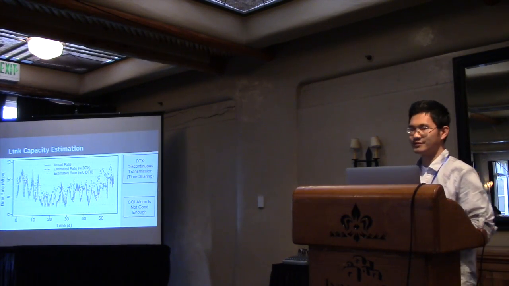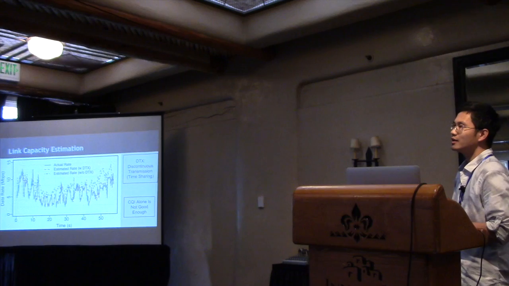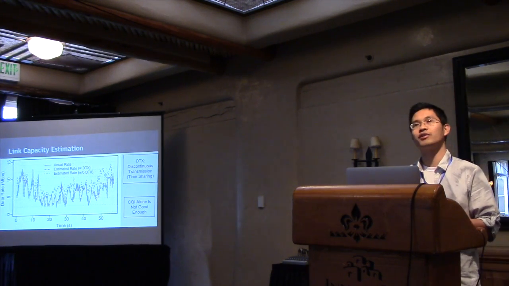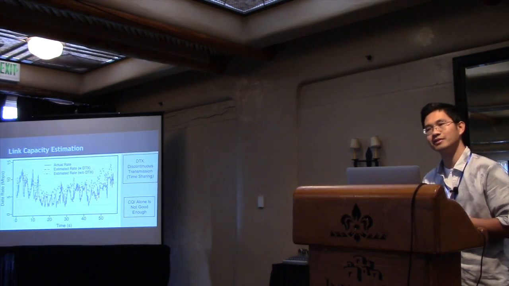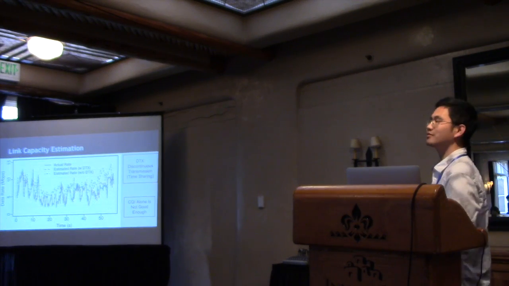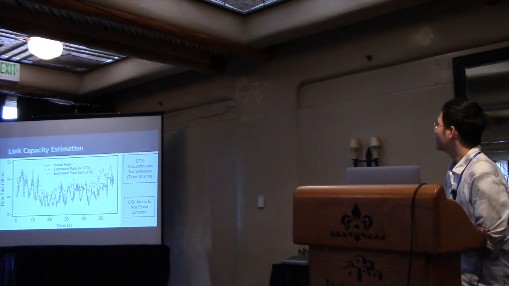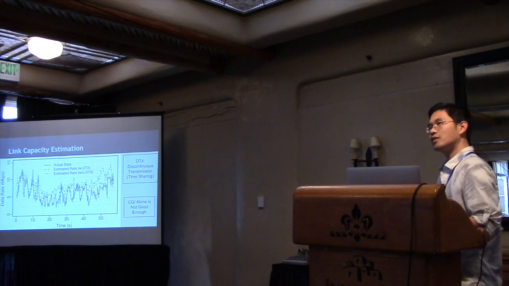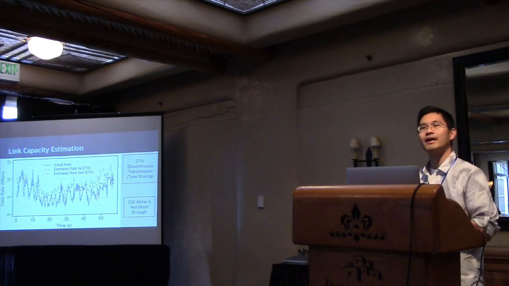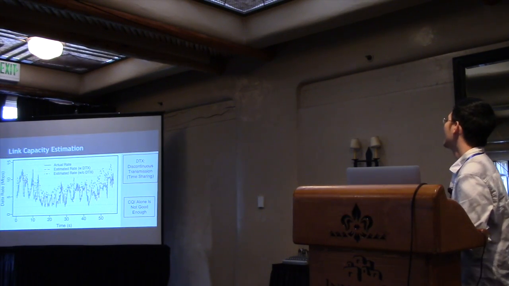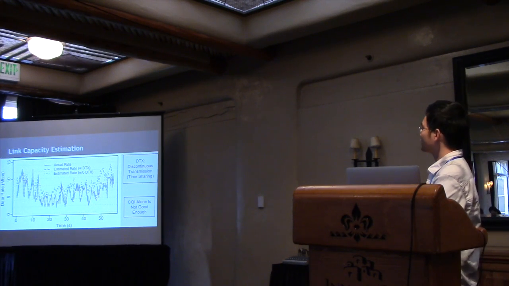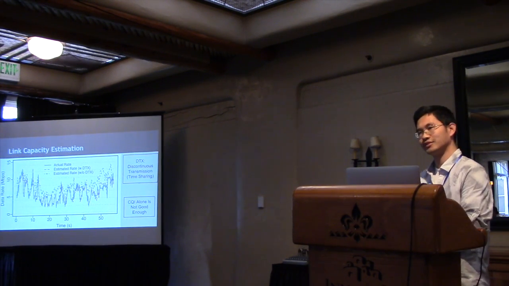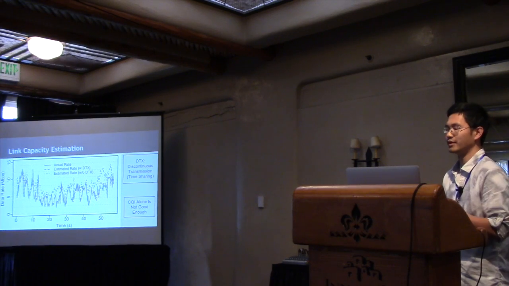In cellular systems, we have this notion of discontinuous transmission or discontinuous reception, which essentially summarizes the amount of time sharing. So our new estimation algorithm incorporates both CQI as well as DTX information. The final estimate is shown as the pink line in the graph. As you can see, it's very close to the actual rate now.